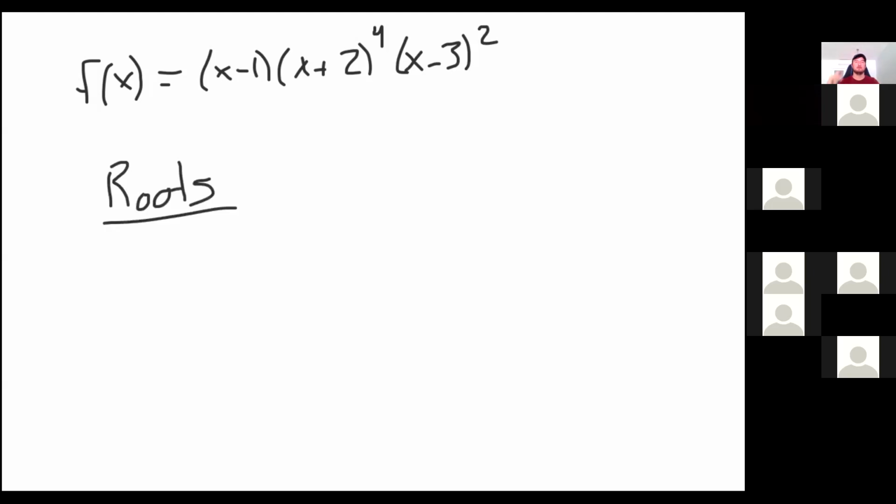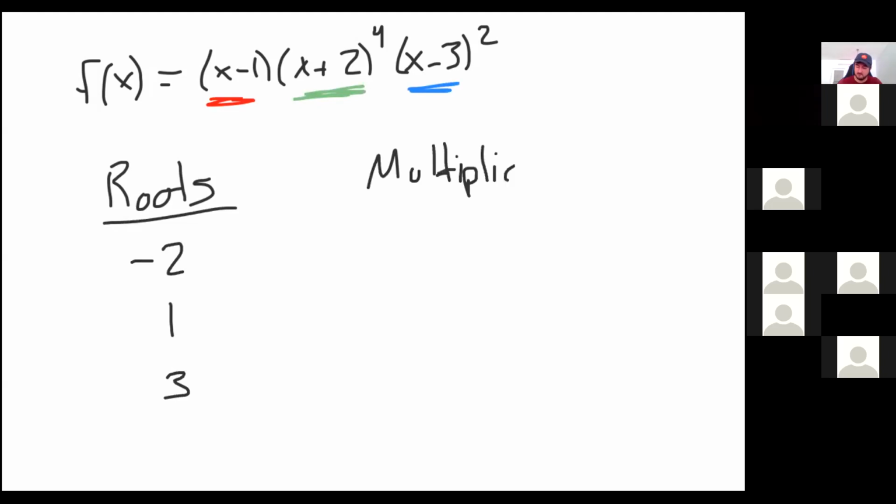I went ahead and gave them to you in the problem and in order. I have a root of -2, and it comes from this term right here. I plug in x being -2. That term that I just underlined in green will be 0, making the entire function 0. We also have a +1 coming from x minus 1, and then the +3 coming from x minus 3. Now, the thing that we cared about is the multiplicity of these roots.